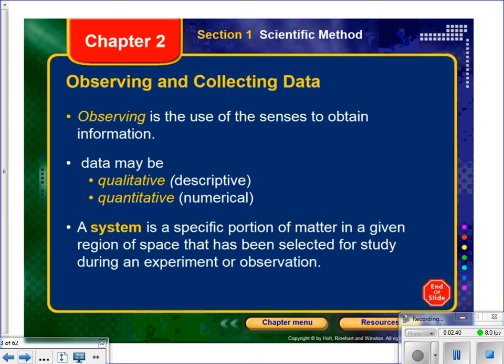We could have the same thing in a chemistry classroom, so we could have a container with a reaction going on. And we could be looking at one step in that reaction. We could be just evaluating time. How long did the reaction take place? How many steps did it go through in that amount of time? So a system is just a portion, maybe of our experiment or of a lab or whatever it is we're studying.